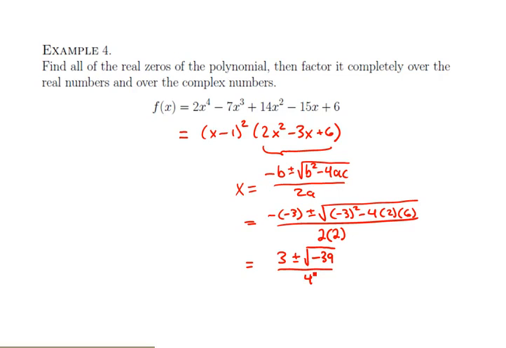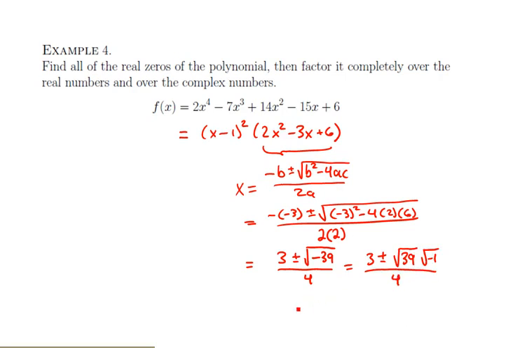other real zeros, but there are two complex zeros here that we find by separating the 39 and the minus 1. And over the complex numbers, we just take the square root of negative 1 to be i.